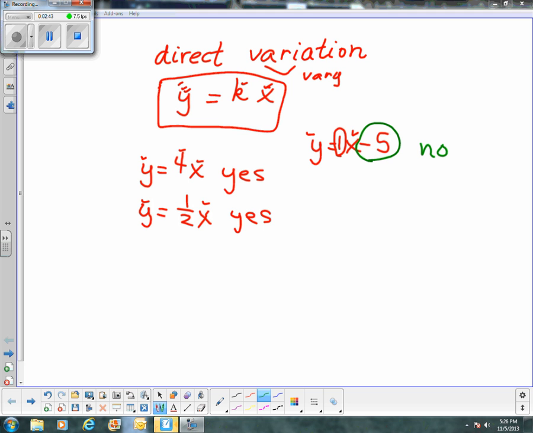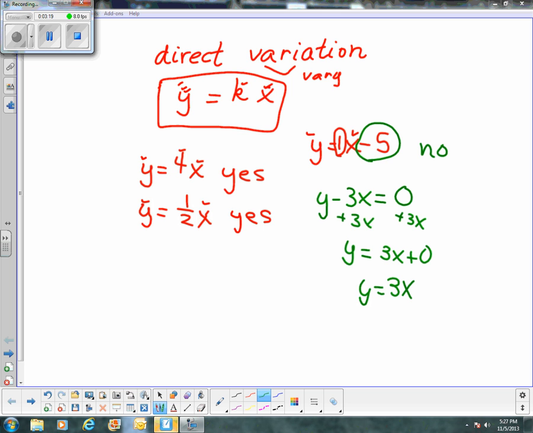All right, let's check another one. How about this one? y minus 3x equals 0. Now, don't think about this a minute before you answer, because if we moved 3x to the other side, y equals 3x plus 0, and simplified that is y equals 3x.